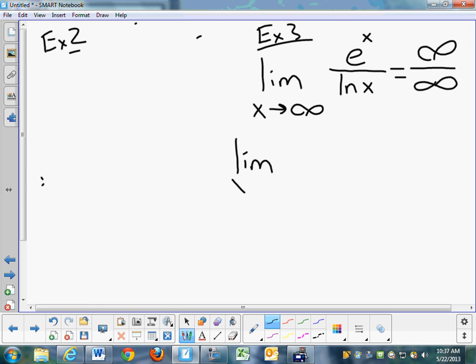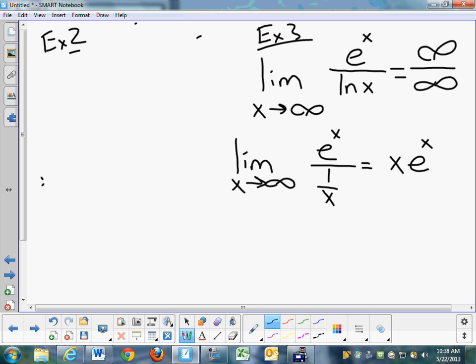So I have the limit as x approaches infinity of e to the x over 1 over x, which is going to be x e to the x. The derivative of natural log of x is 1 over x. I multiply by the reciprocal.